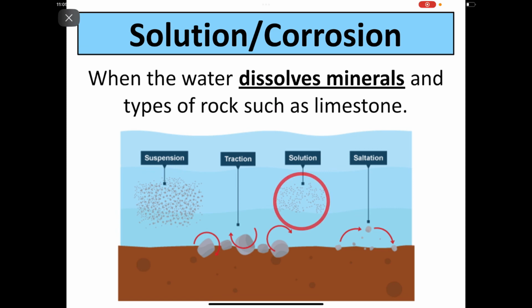And here is a diagram, and typically solution is the smallest particle. This is actually for transportational methods, but it does the same thing, because solution is in both. So solution tends to be the one with the smallest particles.